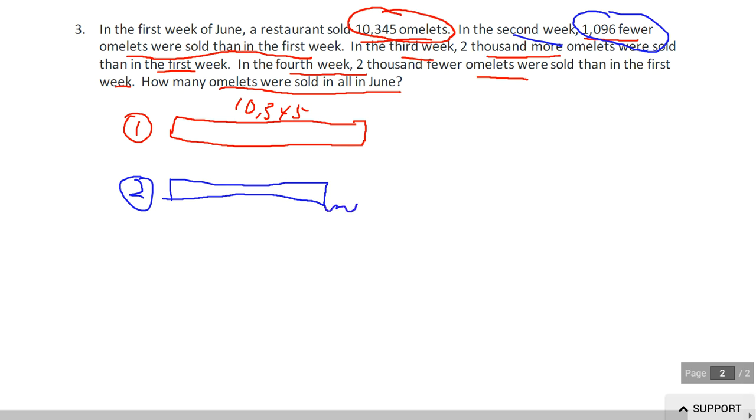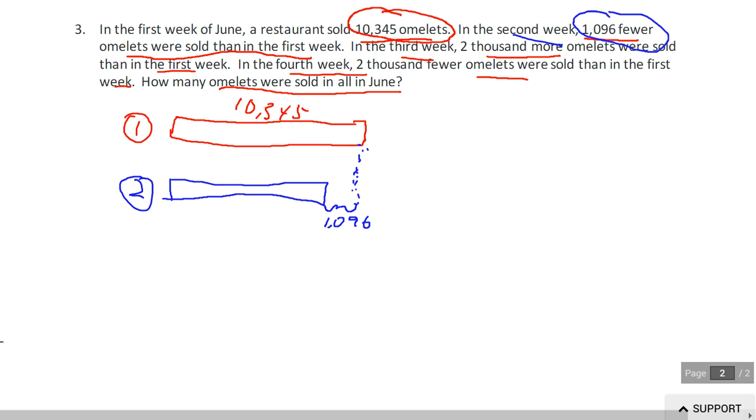That's this amount here, which would kind of be like if we had that one go all the way down to here. Okay, so this is 1,096 less. So to figure out that amount, we would just do some subtraction, and we're gonna go ahead and do that right now.